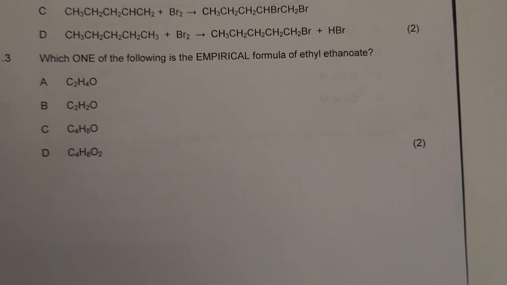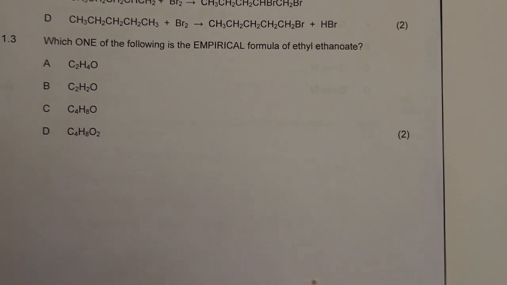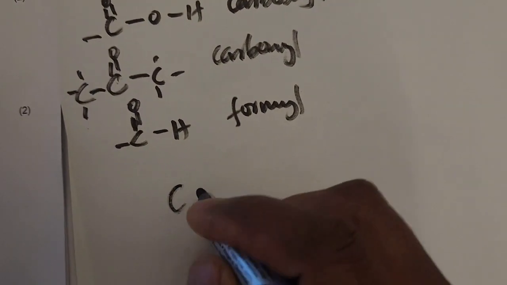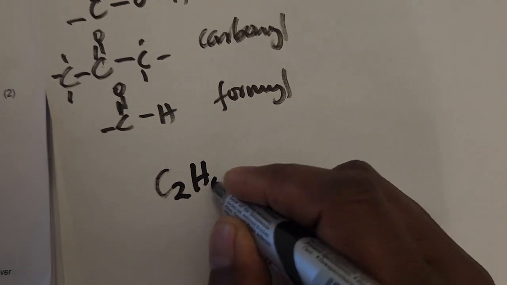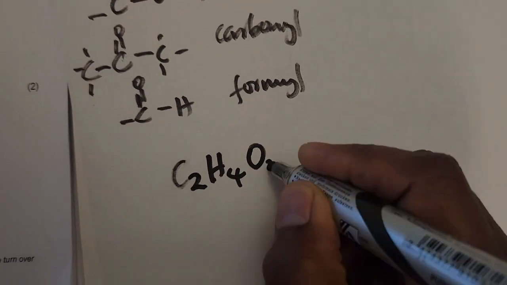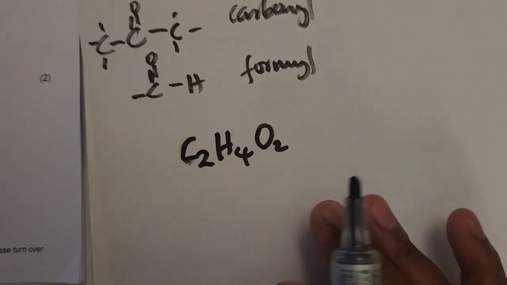Which one of the following is the empirical formula for ethyl ethanoate? If we know ethyl ethanoate is the ester with 2 carbon atoms, then it will be this. If you are checking for empirical, it is the smallest ratio.